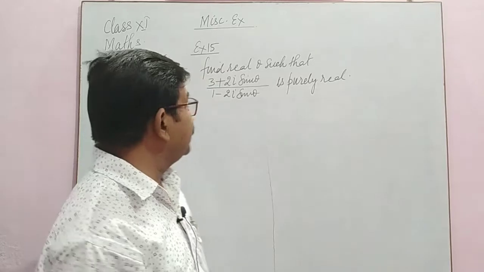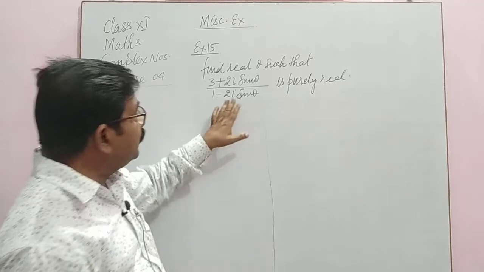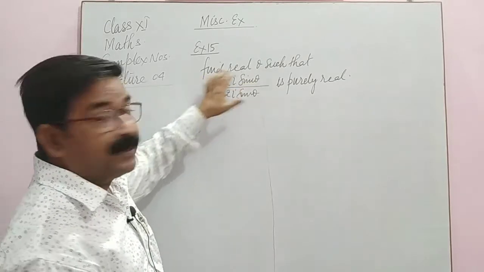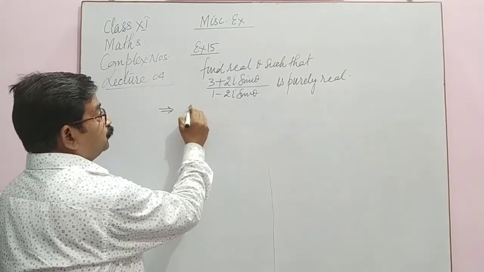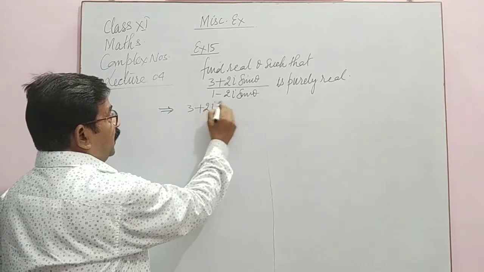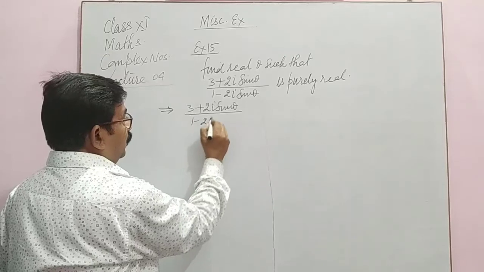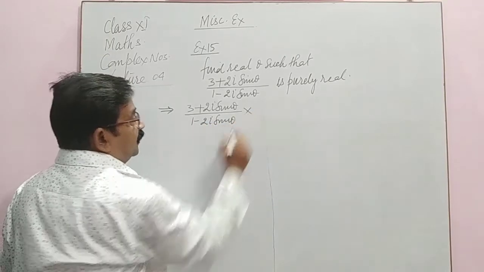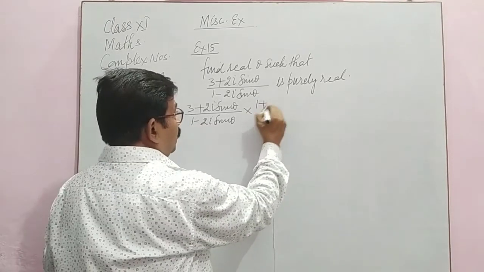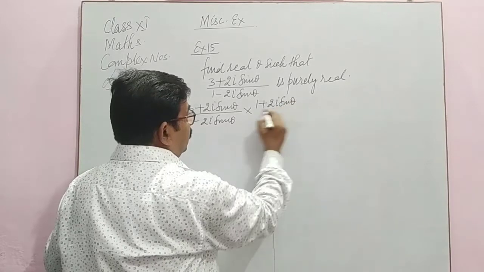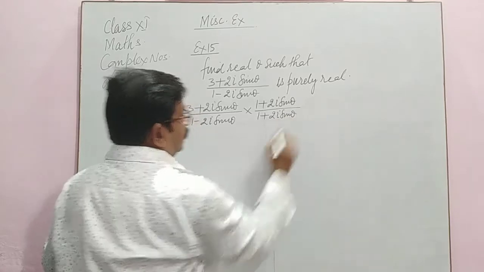Got it? So let's see, we have to simplify this. How to simplify? First we multiply and divide this by its conjugate. I am solving, try to see. 3 plus 2i sin theta upon 1 minus 2i sin theta. Its conjugate is 1 plus 2i sin theta. So multiply this by (1 plus 2i sin theta) divided by (1 plus 2i sin theta).